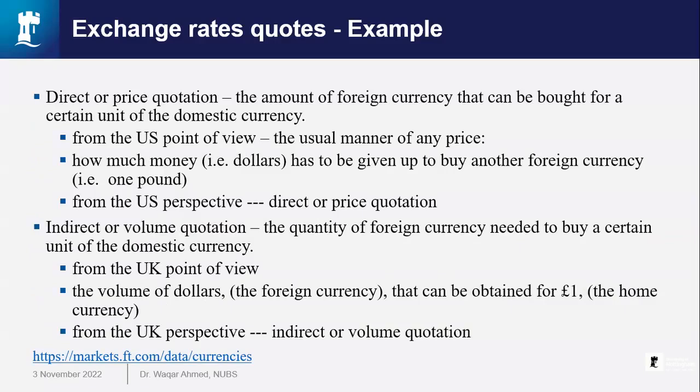Because you're calculating how much money, in dollars, has to be given up to buy 1 unit of another currency, which is the British pound. And if you look at it from the UK perspective, you'll call it an indirect quote. The indirect quote we also call the volume quote.